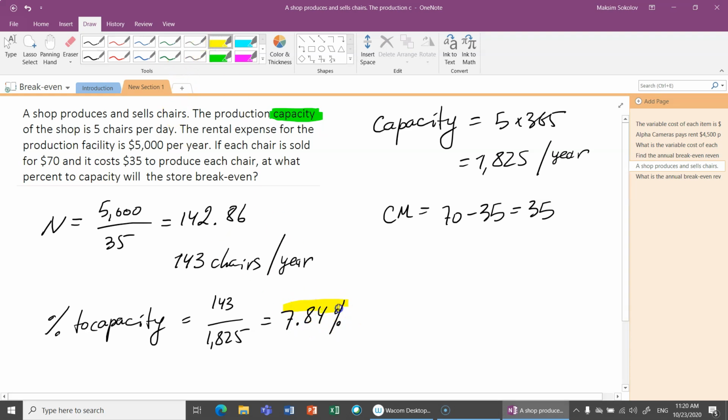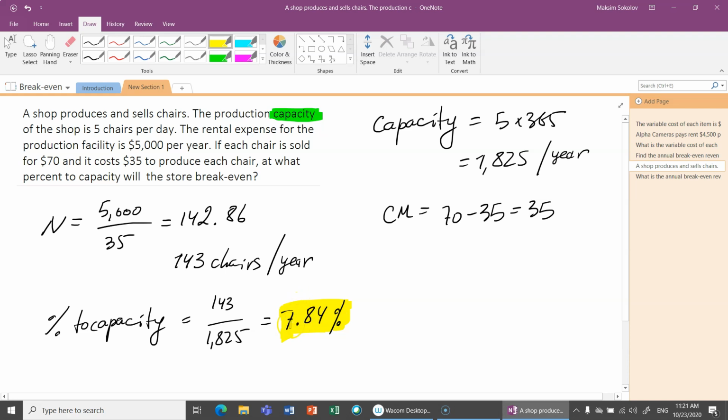What this means is that the business breaks even at 7.84% to capacity, and they have a lot of potential still to make their net income. Actually, this capacity notion is very important for any business, because no matter how much profit you make on each sale, you're always limited by the capacity.